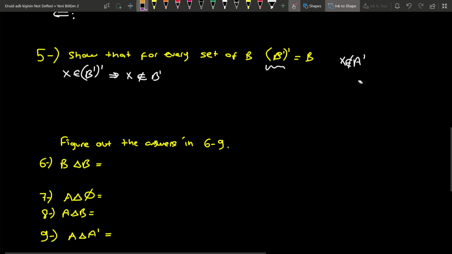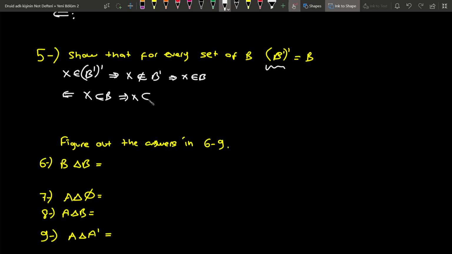So the same idea works here, it's just that we have another complement. So x does not belong to B complement, but this means x belongs to B. Therefore, we can show it backwards the same way. x belongs to B, this means x does not belong to B complement, and this means x belongs to the complement of B complement. So from here, we can say the complement of the complement of B equals B.